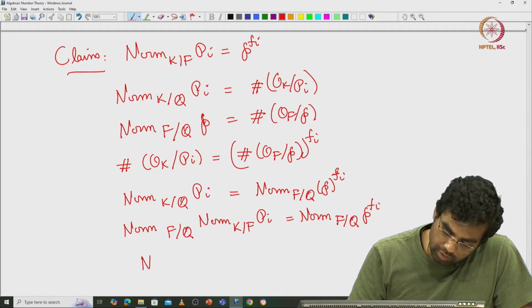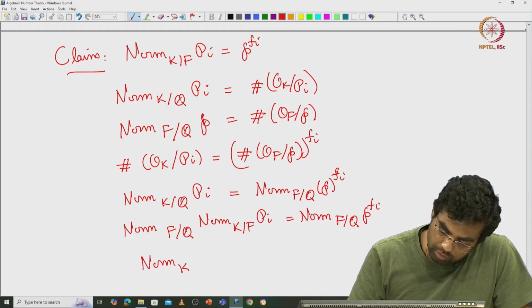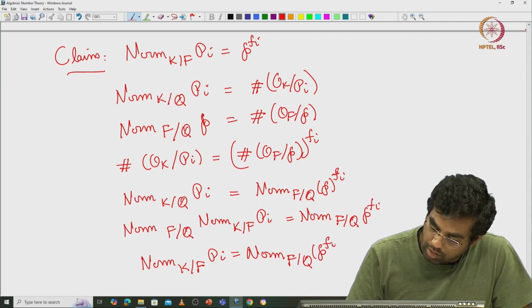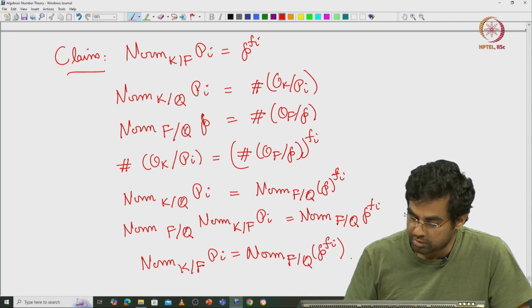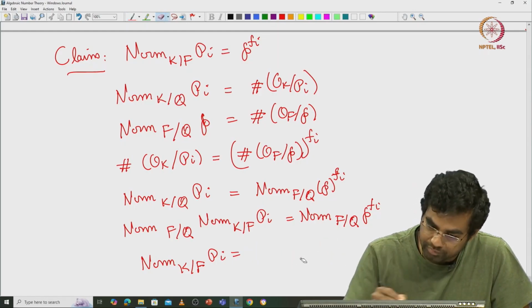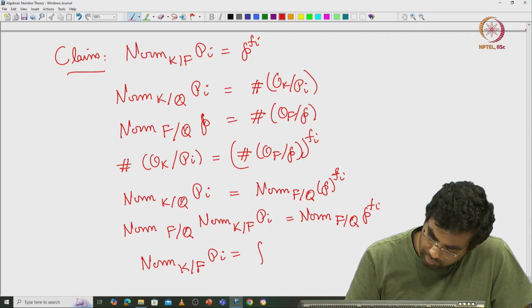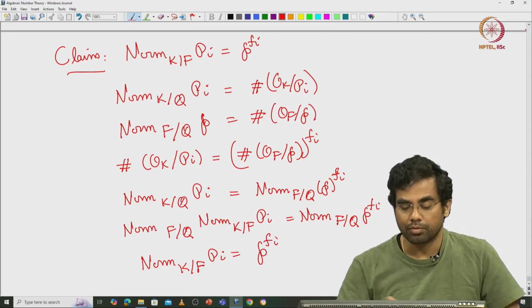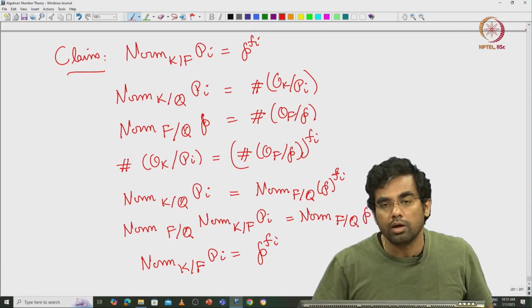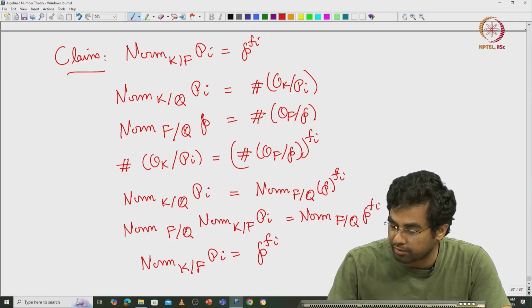And so, we get the norm from K to F of pi is equal to... sorry, there should not be any norm here. So, the norm of pi down to F is equal to small p to the f_i.